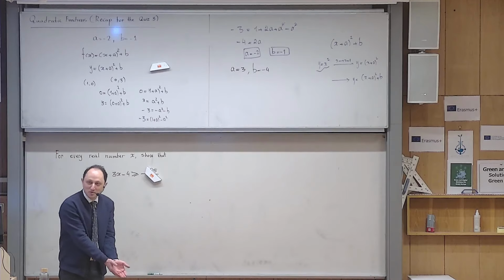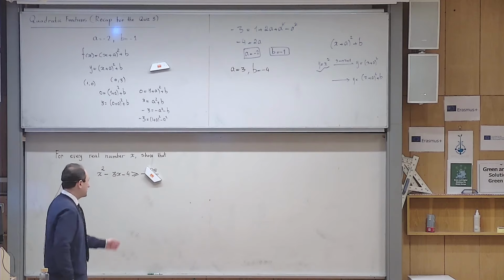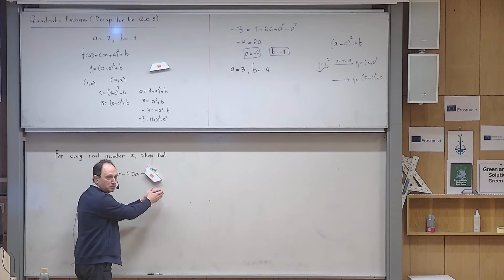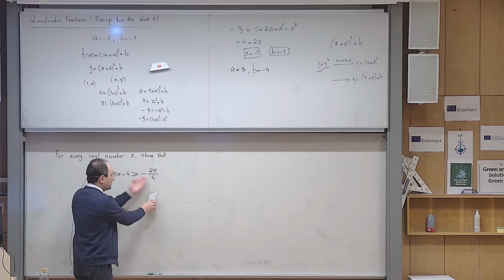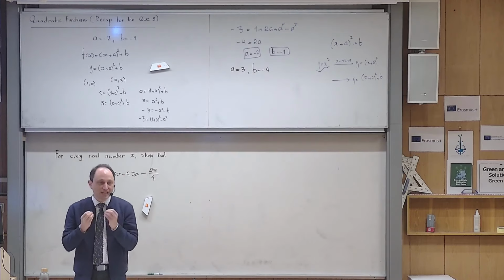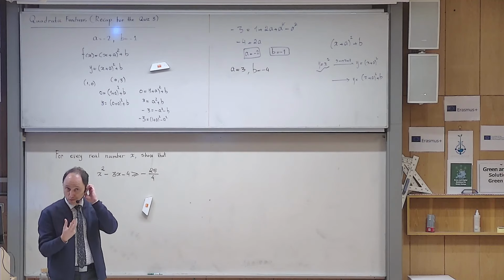But the question is telling you, show that this is greater than or equal to this number. It means show that this number is the minimum of this. This is the same question, asked in a different way, in a disguised form.